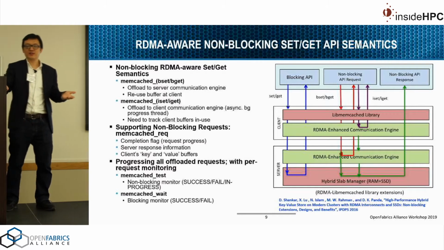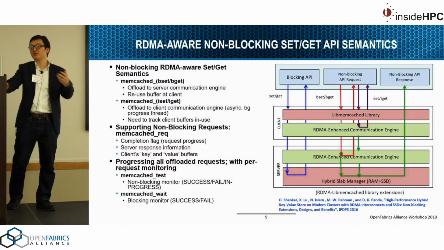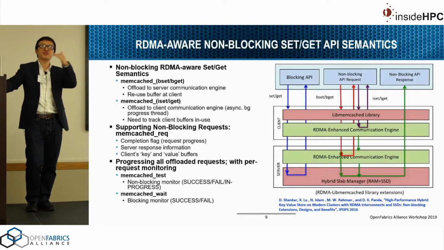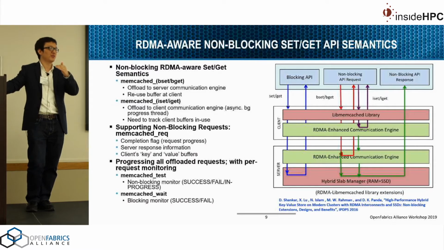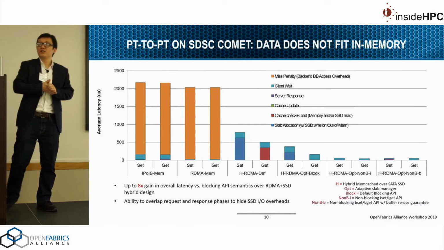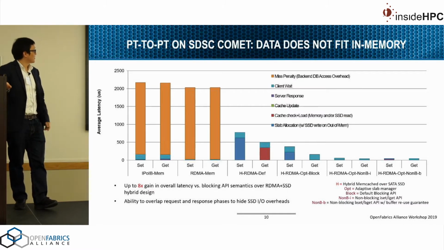And then we also have a structure like a request, and corresponding APIs like test and wait, so that you can check whether this request has finished or not. With this, if you look at the performance again, this is the case where the data does not fit in memory, the figure I showed earlier.